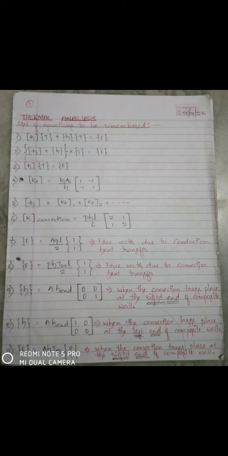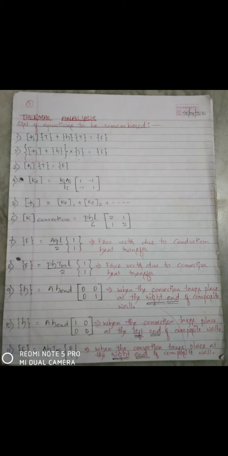Right end means heat transfer is occurring at the foremost part of the structural member. So right end convection heat transfer is present. Present means 1, absent means 0. So inside the equation we have the matrix 0 0, 0 1.